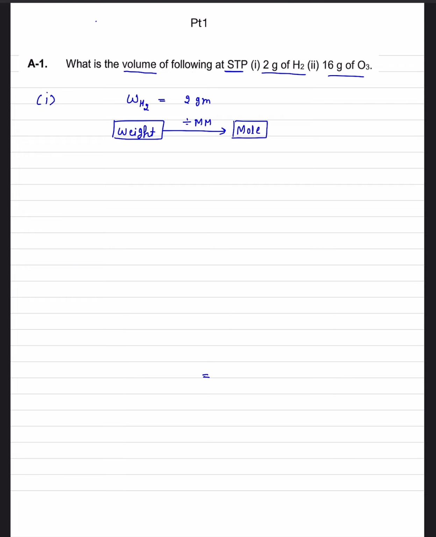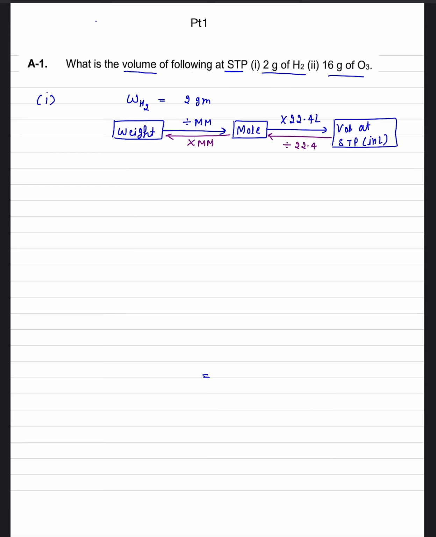And from the mole, if you want volume at STP in liter, you will multiply with 22.4 liter. And if you want to go in reverse, from volume to mole, you divide with 22.4, and from the mole if you want to go to the weight, you multiply with the molar mass.